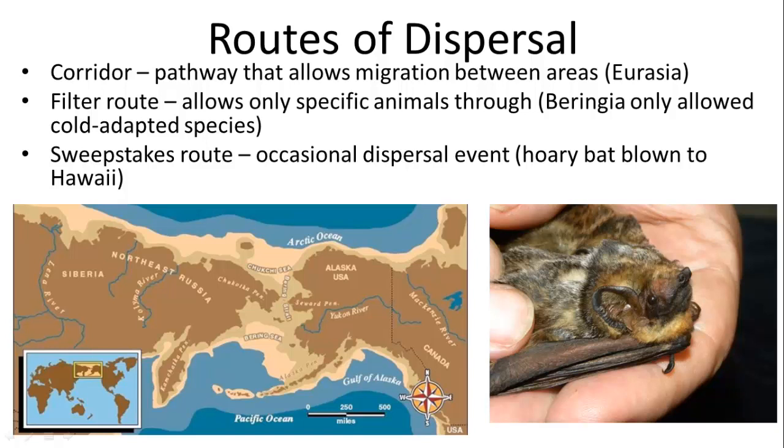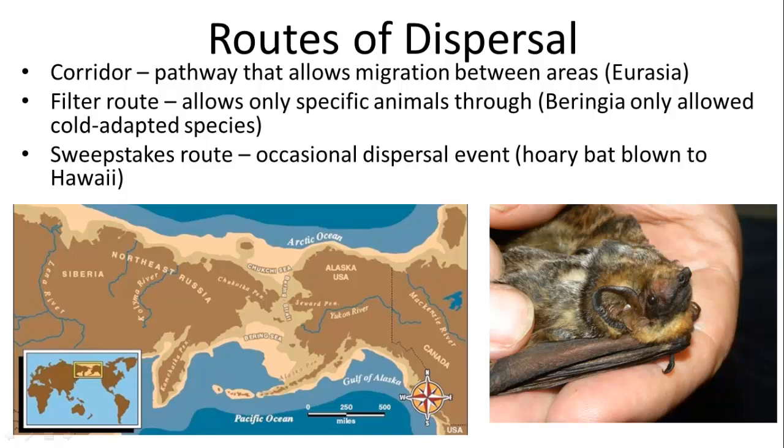They're the only species of bat there, and it's thought that a hoary bat was probably migrating and somehow got pushed in a storm out to Hawaii, and because there was food there, a population of them stuck around. But this was just a sweep. They were just pushed around. Probably should have died, but for some reason was able to survive and establish a population.